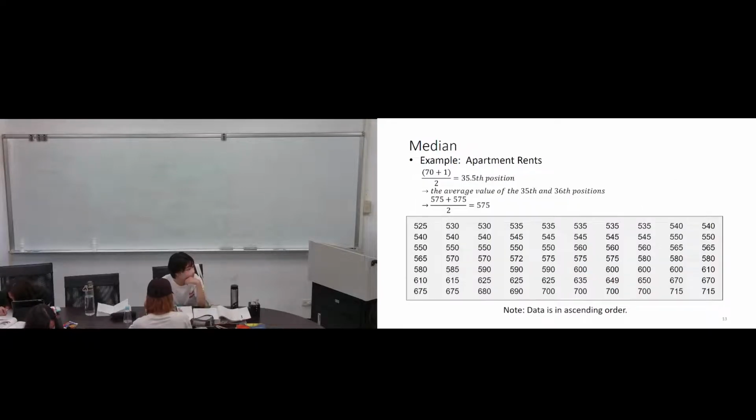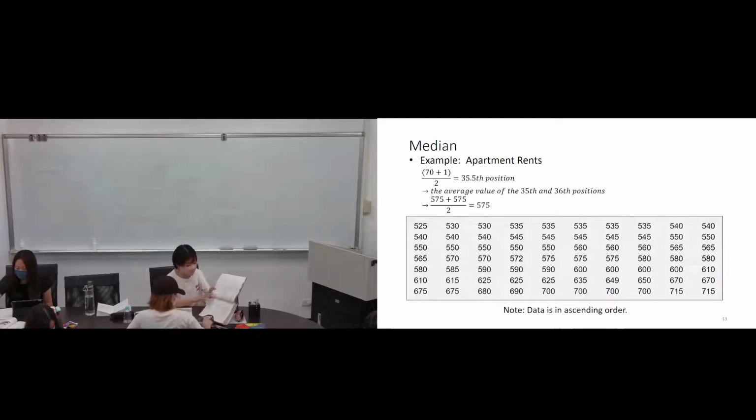Let's see this example. 70 monthly rents. We rearrange the values from the smallest to the largest, and there are 70.